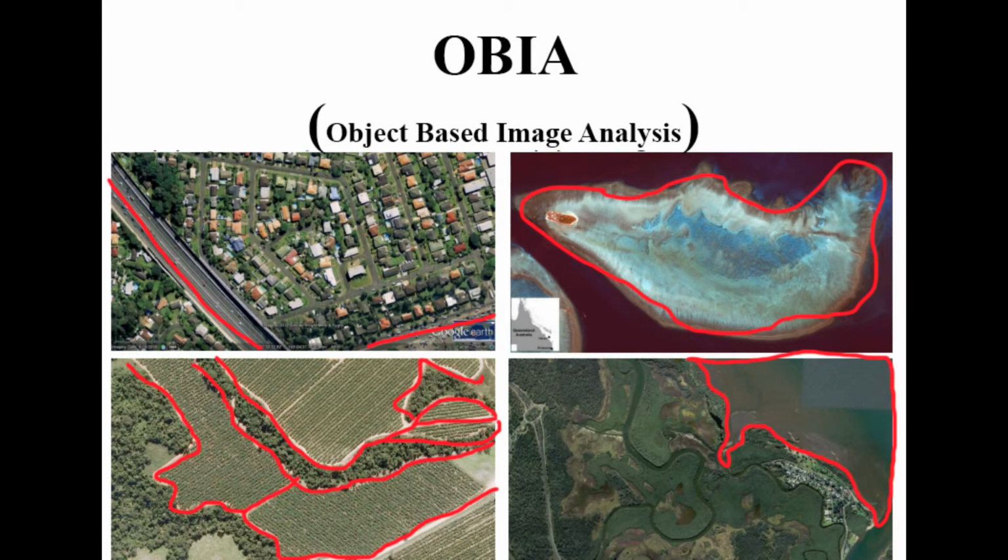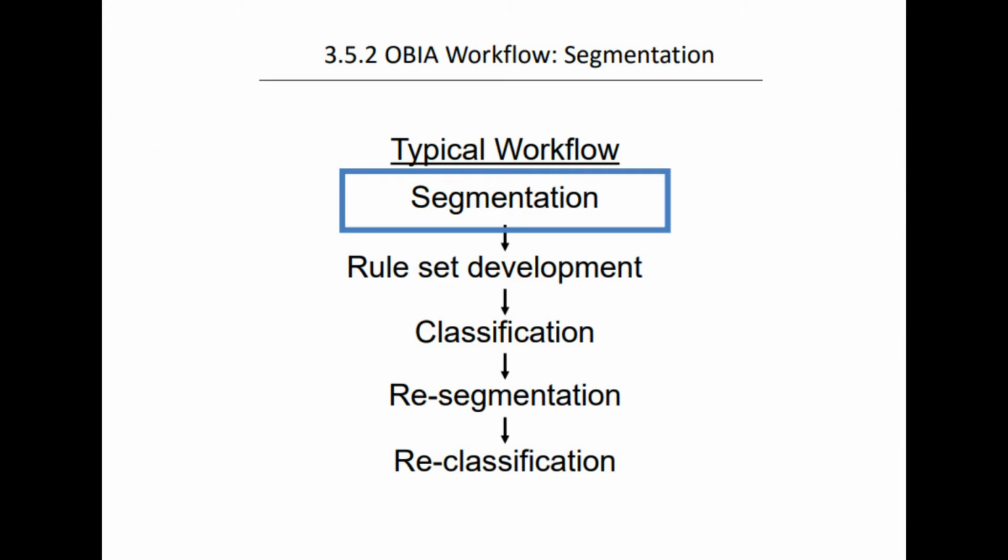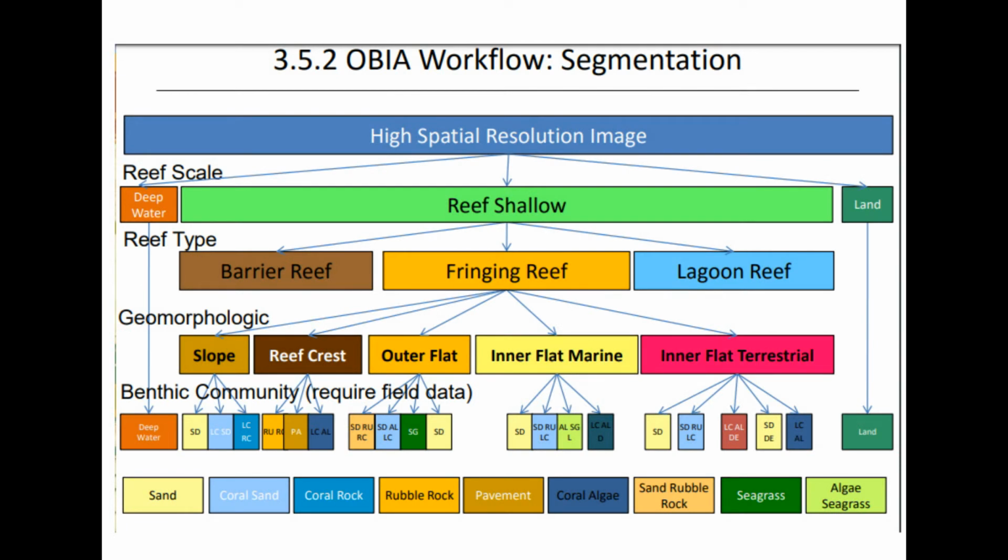We do OBIA because pixel-based image analysis has limitations in color and in texture, so grouping patterns of color in objects may be better. In OBIA, we are using a parent-child method of either breaking or amalgamating blocks into similar groups. Once done, we could then use classifying algorithms.